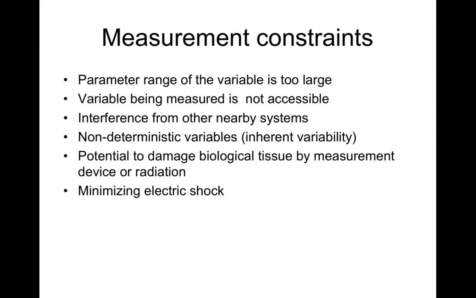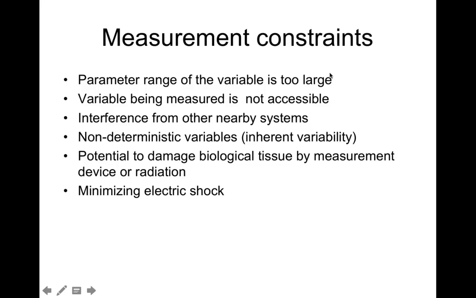So measurement constraints are significant, and there are a number of these depending on what you're actually measuring. So just thinking about some practical things, some of the constraints that you would have in a system. Sometimes the parameter range of the variable might be too large. It could be that the movement is too great, the variation of temperature is too great, and that's not matched to the capabilities of the sensor.